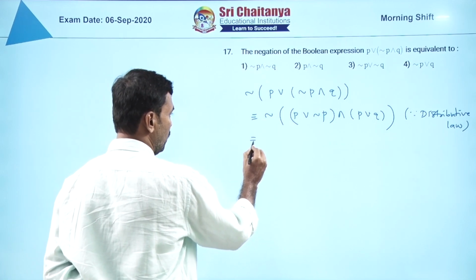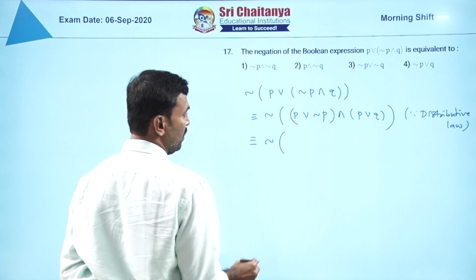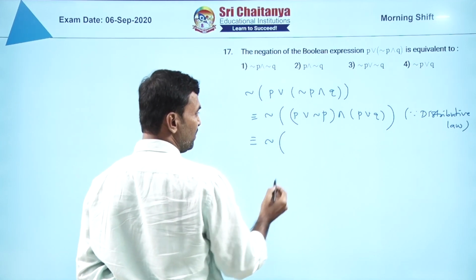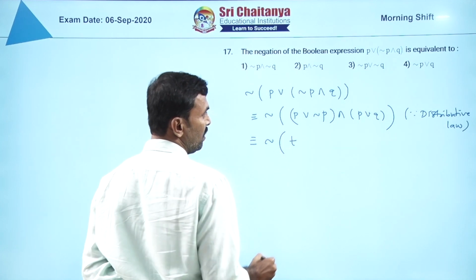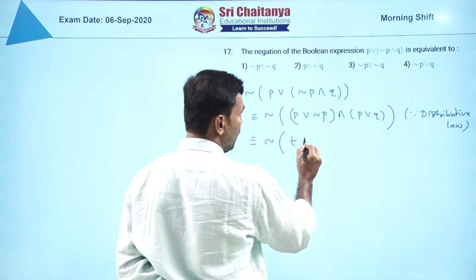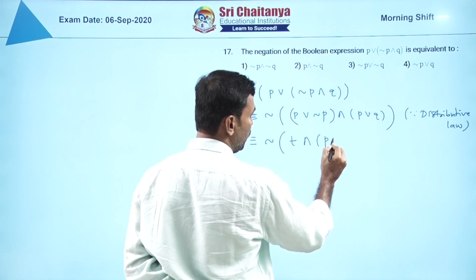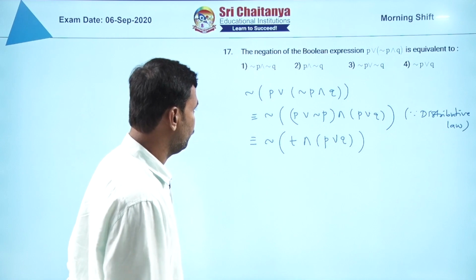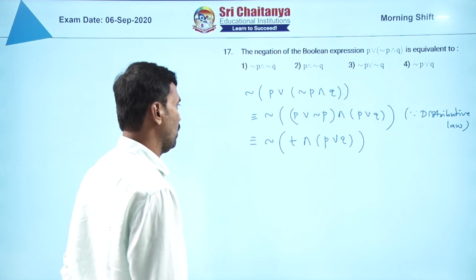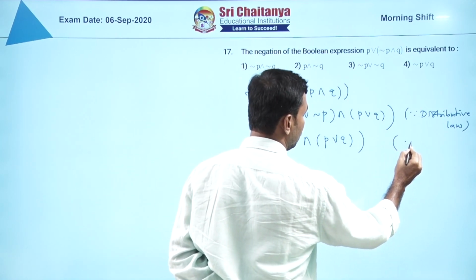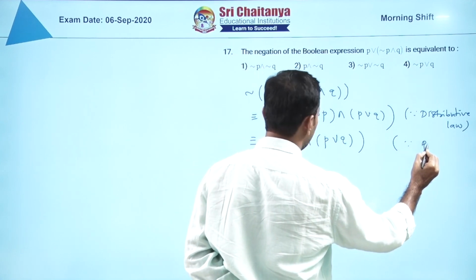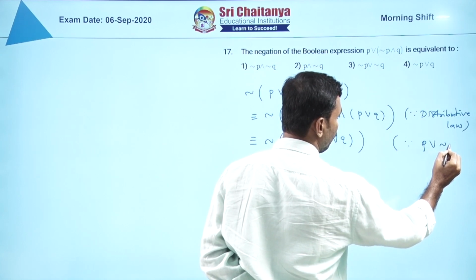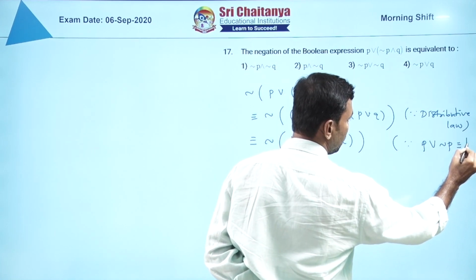Now, negation of (P or negation P) is a tautology, and (P or Q), since any statement P or negation of P is a tautology.